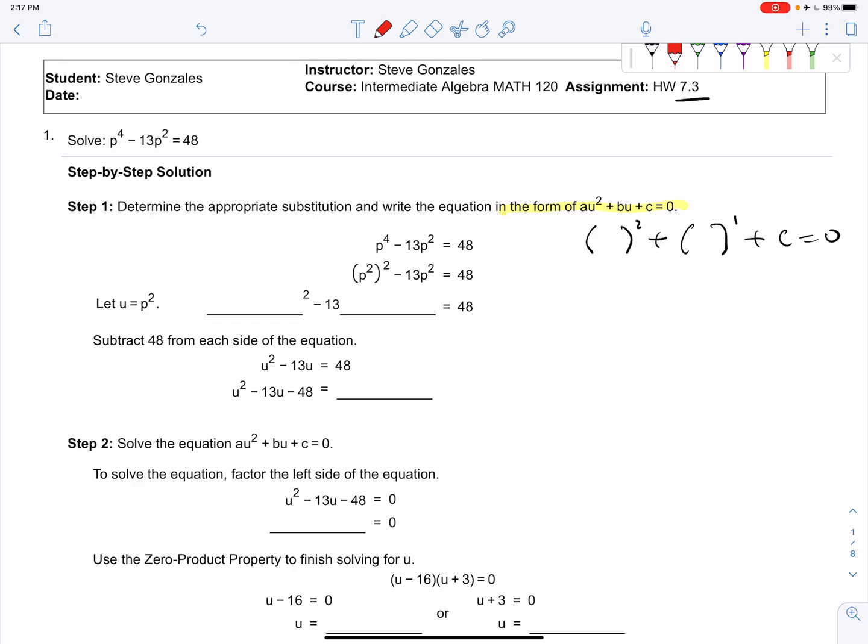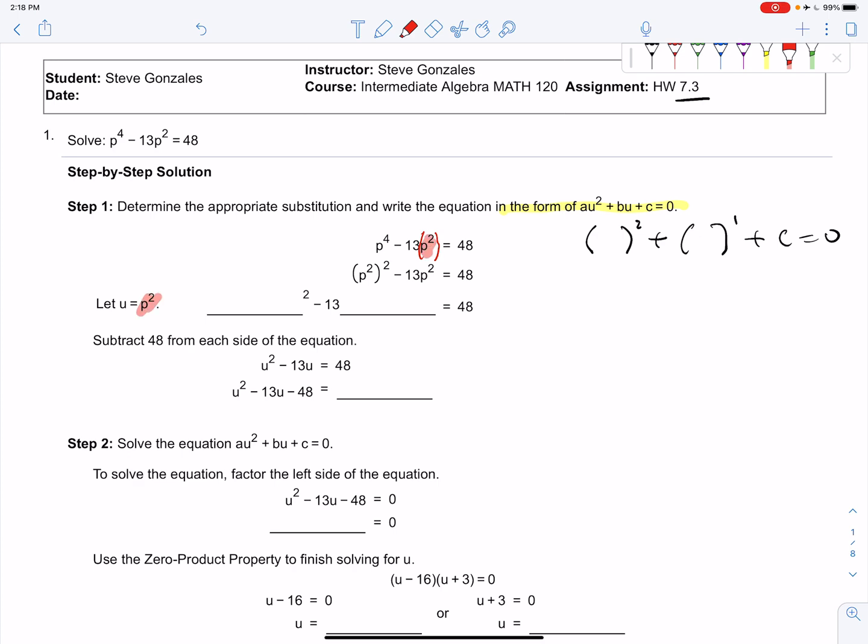And let me just tell you, one of the keys to doing these problems, it works on every single one of these, in my opinion, is to take a look at this second term right here. In every case in this class, that is going to be what your u sub is going to be.